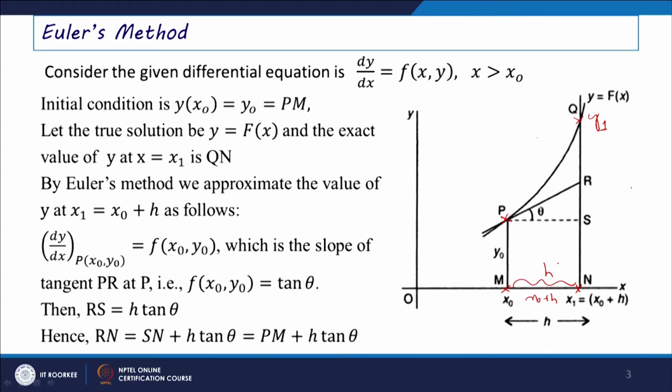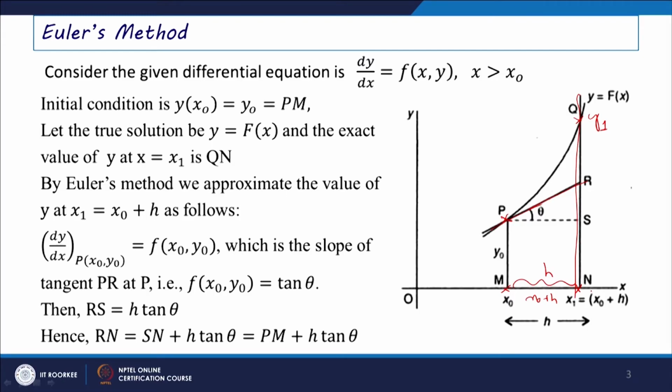So from x0 to x1 the space length is h. If we consider Euler's method to approximate the value of y at x equals x1, we assume dy by dx is provided as f of x0, y0, which is the slope of the tangent PR. This is the tangent forming at the point x0, y0, which intercepts the line QN, the next functional value at the corresponding x1.